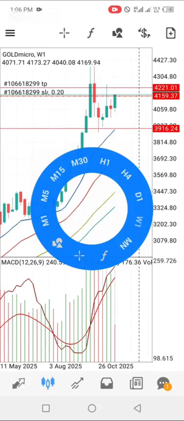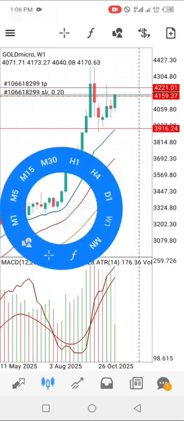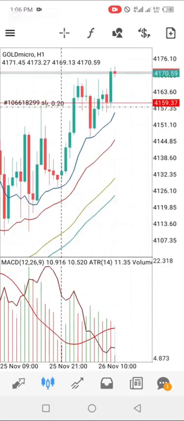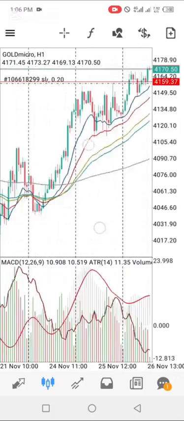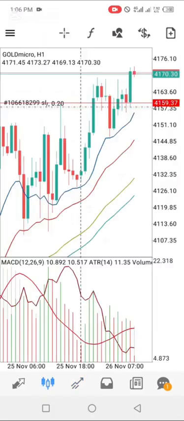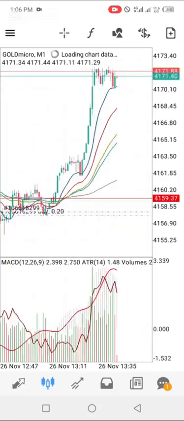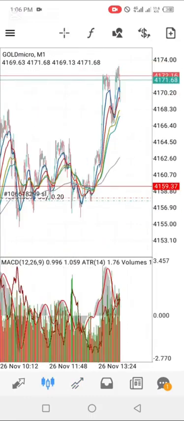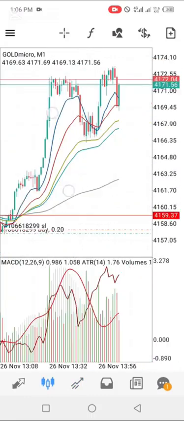After the completion of an impulsive leg, there is need to form an ABC leg. I believe it is the B leg that we are forming right now. After the B leg, we can form the C leg. That is when we fall back to support. From there, we can quickly buy gold. We can buy gold heavily, since we are starting a very impulsive leg.